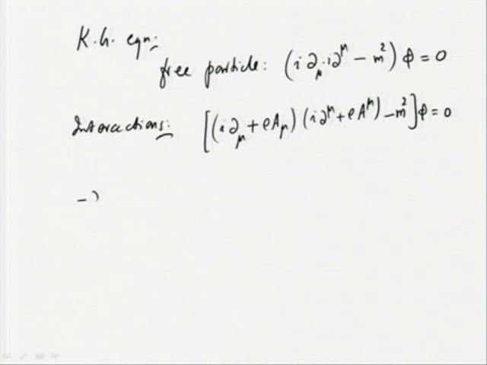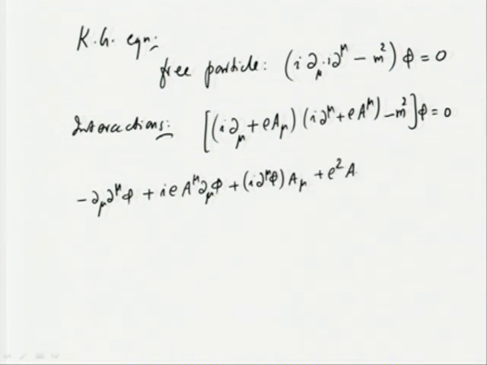Expanding, this will give you minus dou mu dou mu phi plus I E A mu dou mu phi plus I E dou mu A mu phi plus E square A mu A mu phi minus m square phi equal to 0.